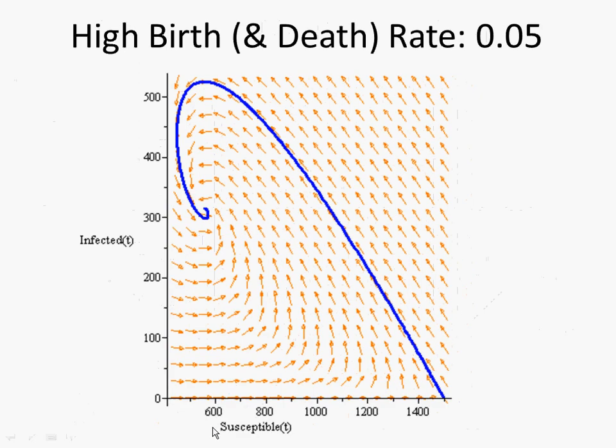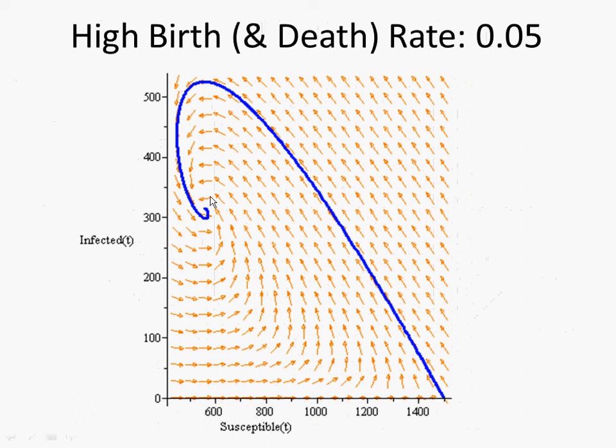Now this is with a high birth and death rate. And now we're being sucked in a stable way to the vortex of endemic equilibrium. It's coming up and sucking it into this state.